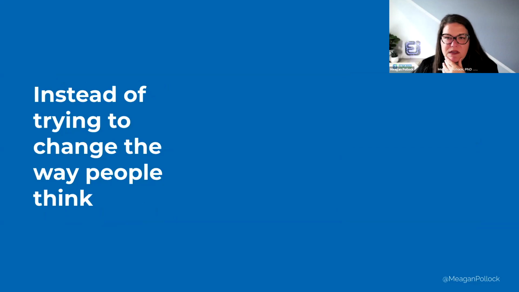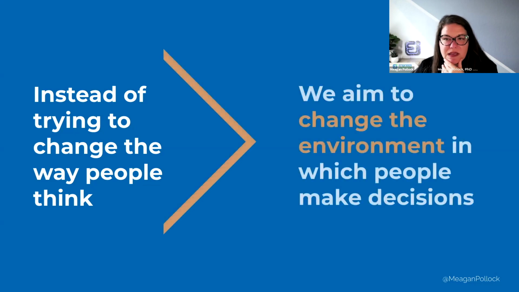And as a reminder from what we talked about last month, instead of trying to change the way people think, we're trying to change the environment in which people make decisions. And so we're trying to be choice architects. We're trying to figure out how we create environments that are framed with tools and strategies and resources that alter the way that we make decisions, because we can't always change the way people think, right?